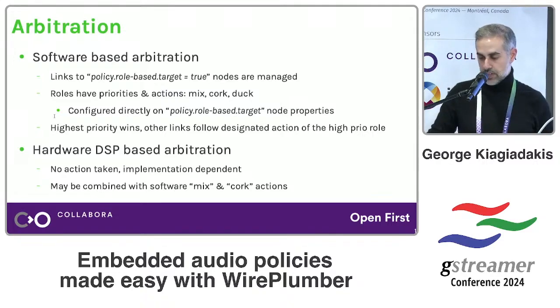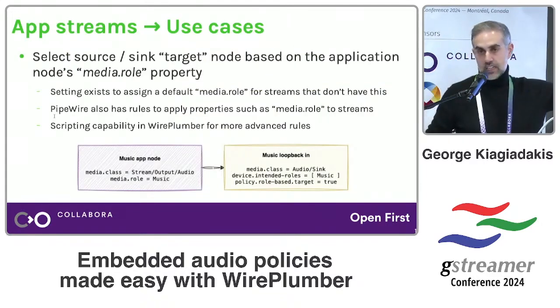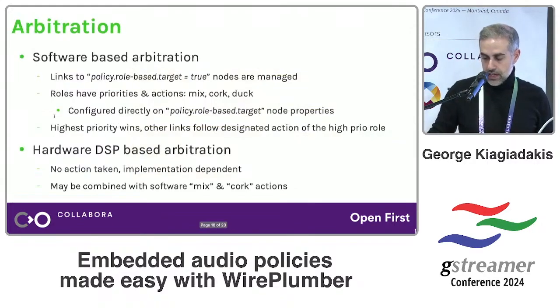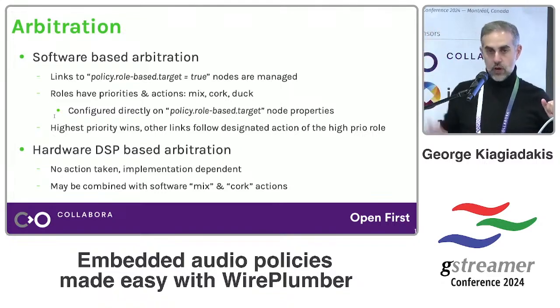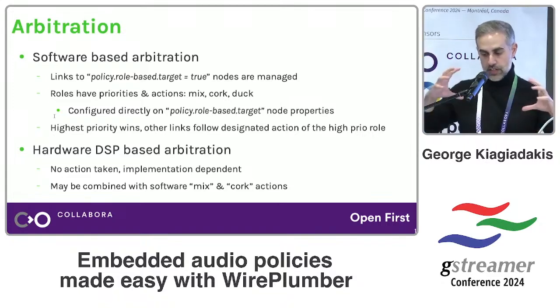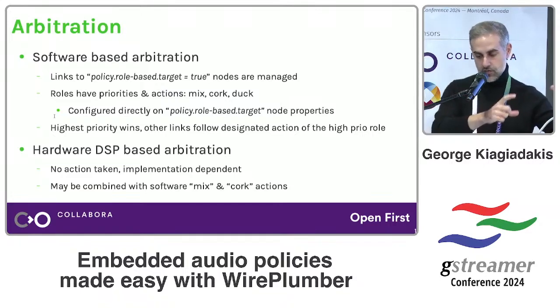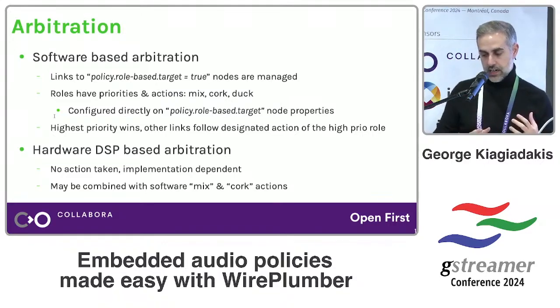This is a property that is typically set on the loopbacks, the loopback targets. You see here, I have this set on my music loopback. It knows which nodes have this, so it knows that these nodes are actually use case targets. And as soon as a link is made to that target, then that link is managed by a special script which has some extra rules for arbitration.